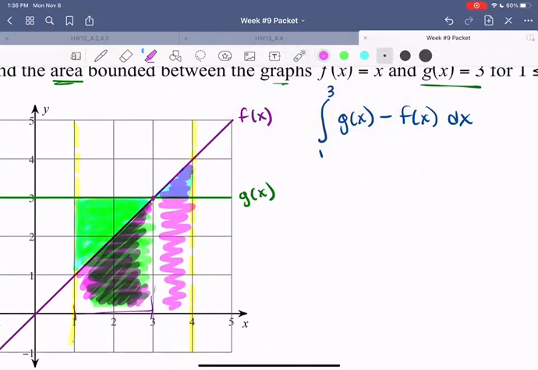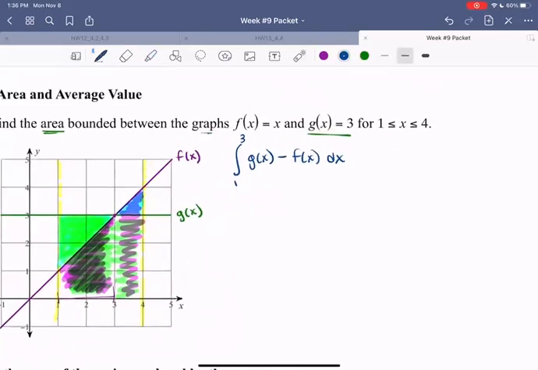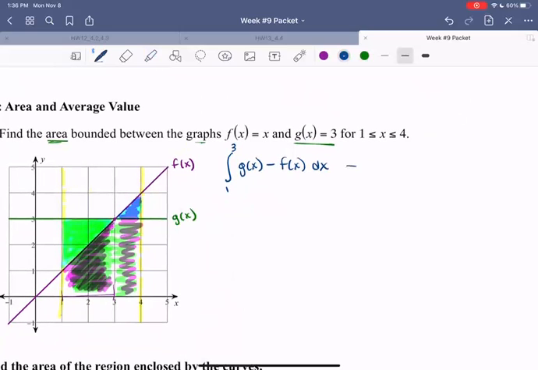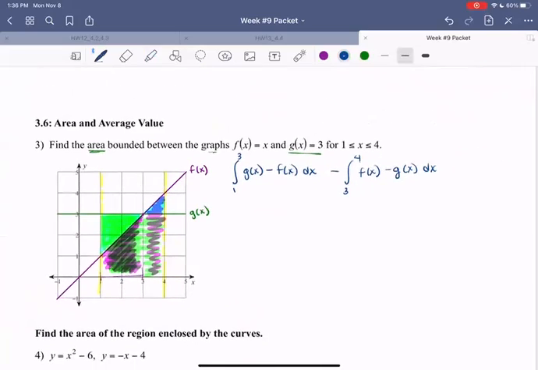So if we look at the area under f and the area under g, we can see that in order to just find that blue area, we'd need to subtract the area under g from the area under f. So what would that integral look like? Well, now we're looking from 3 to 4. And we have the function f of x minus the function g of x. So that should be giving us those areas that we want.